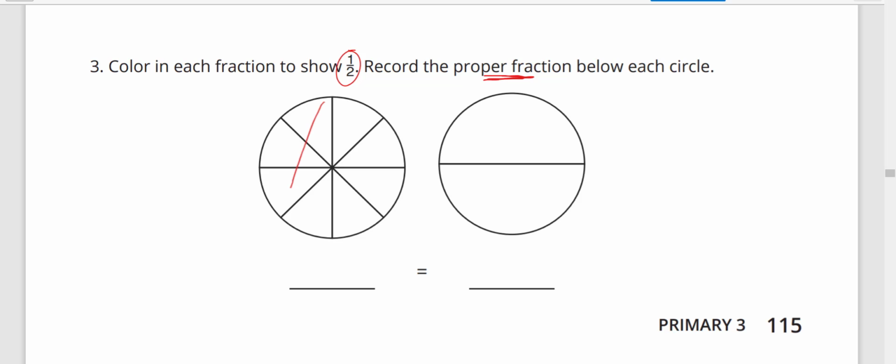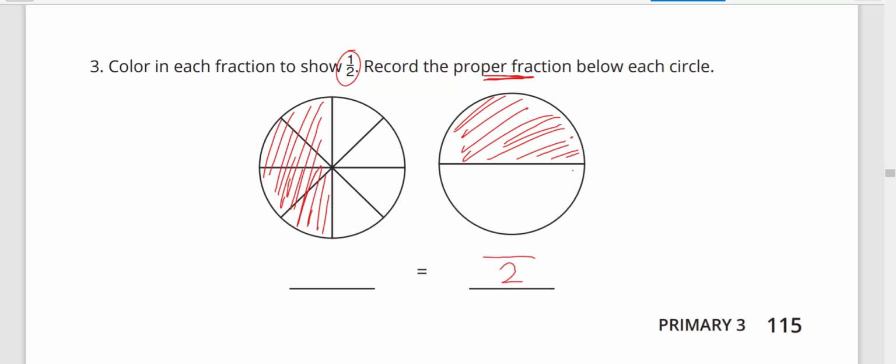This is half of the circle, and here half of the circle. The fraction of this circle is what? This circle is divided into two equal parts, so the denominator will be 2, and we shaded one part, so the numerator will be 1, so its fraction is half.